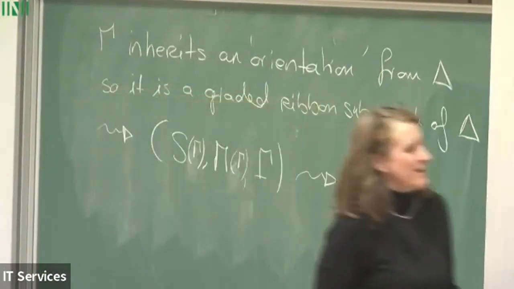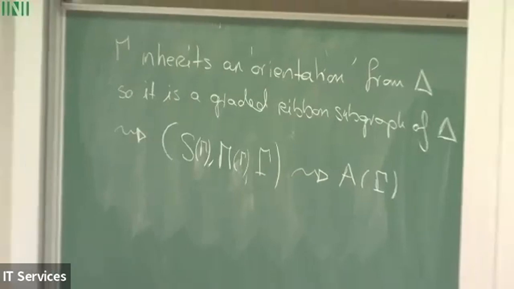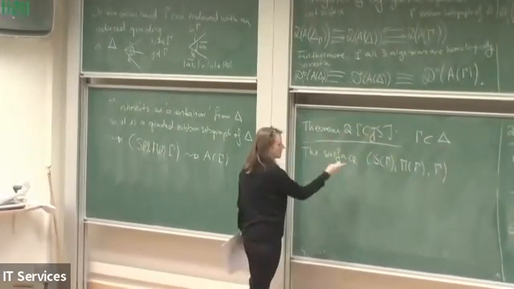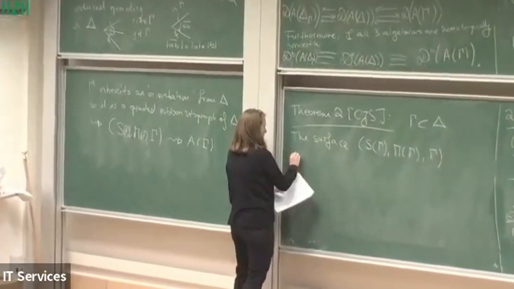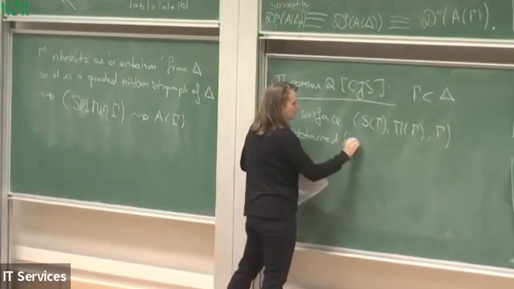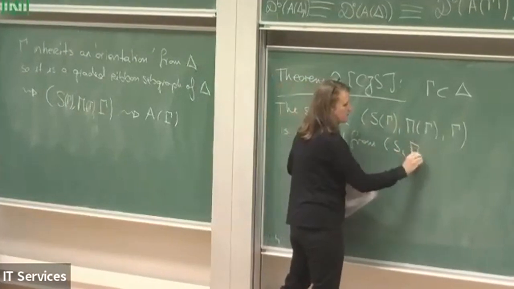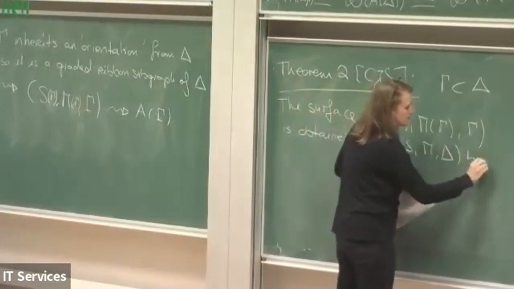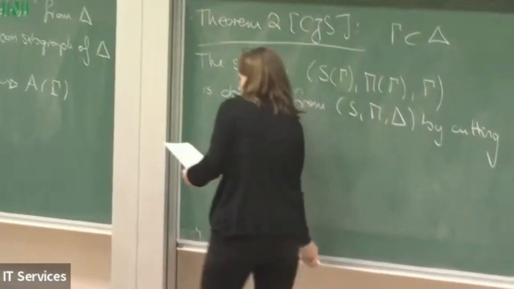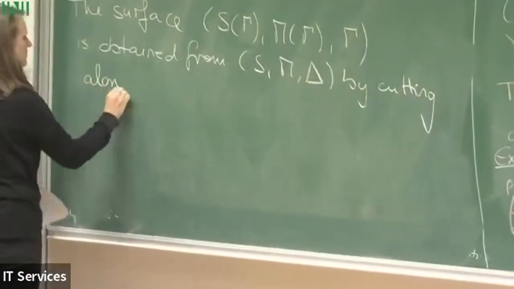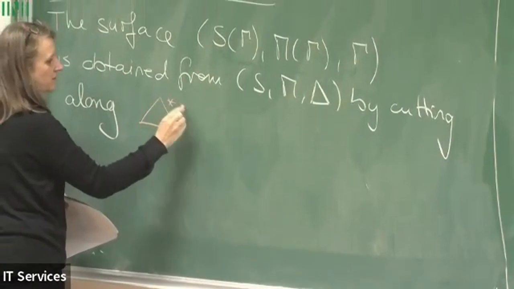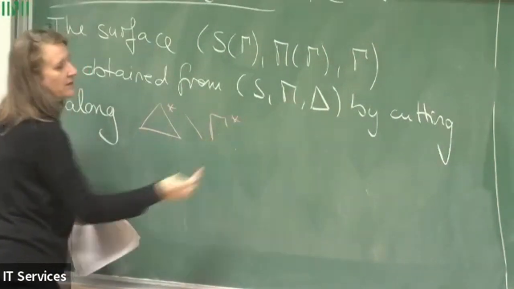But really, here I mean the surface generated by this ribbon subgraph of delta. So the surface is obtained from the original surface by cutting along the arcs which are in the dual graph but not in the cutting set.